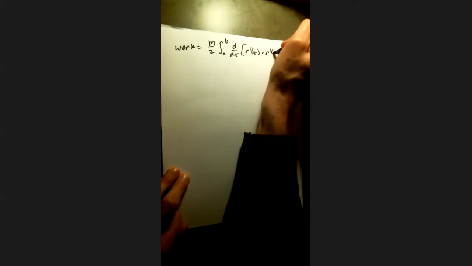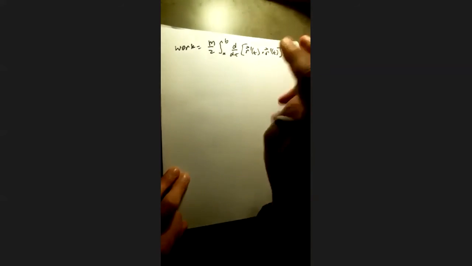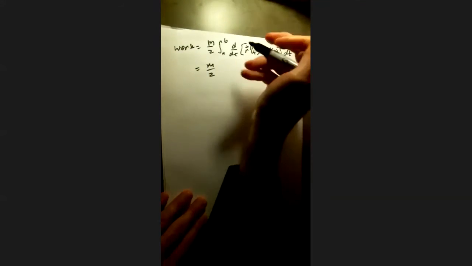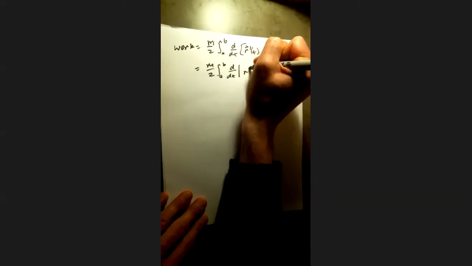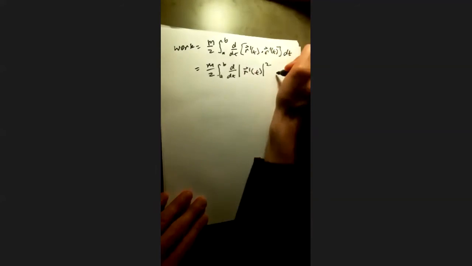And we have d/dt of r prime of t dotted with r prime of t dt. A vector dotted with itself can be written as the square of the magnitude. So this would be d/dt of the magnitude of r prime of t squared dt.